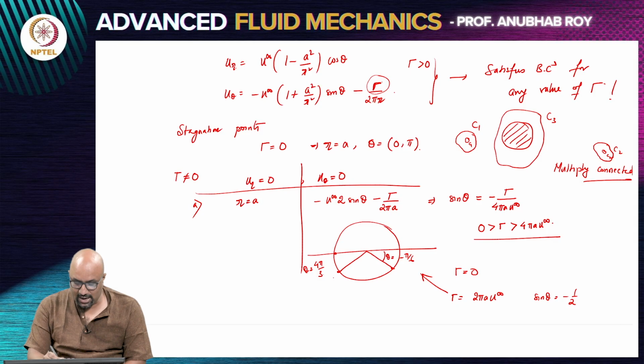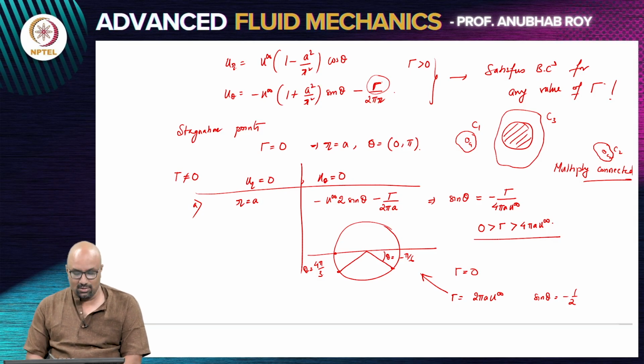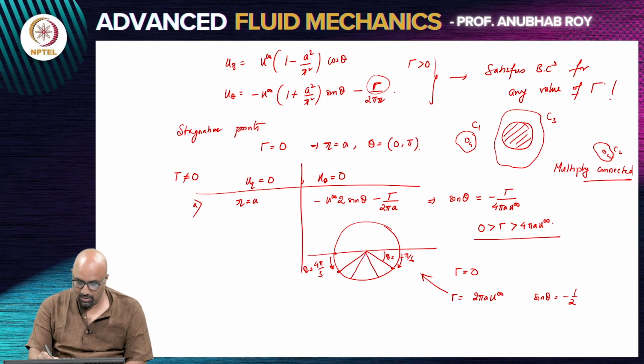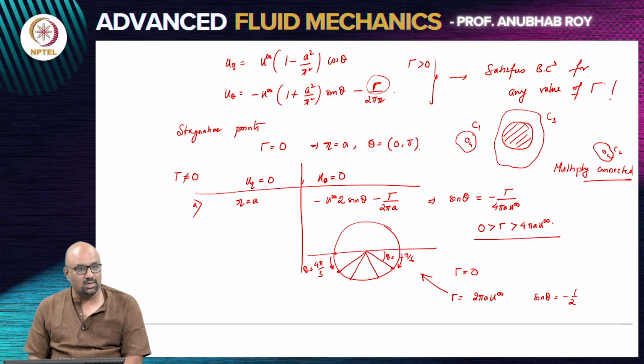So there are these 2 stagnation points which will emerge, or rather the stagnation points from 0 and pi are basically going to move towards theta equals pi by 2, minus pi by 2. Gradually, if you keep increasing gamma, as it becomes 3 pi a u infinity, the stagnation points are going to go towards theta equals pi by 2, minus pi by 2.